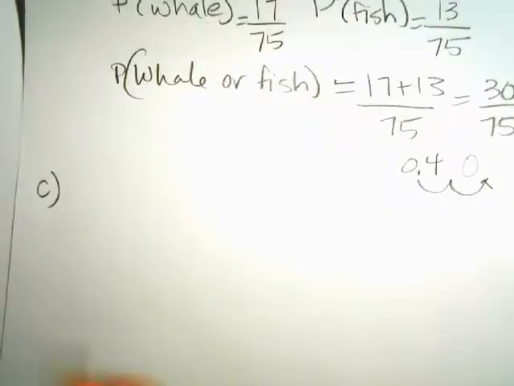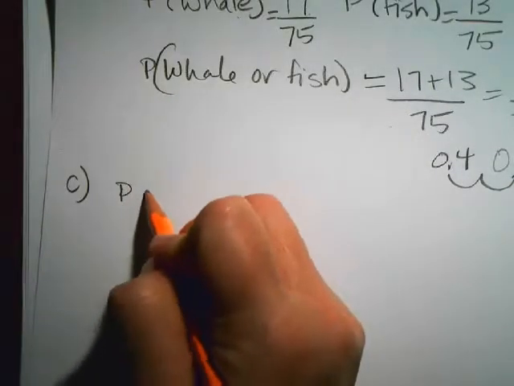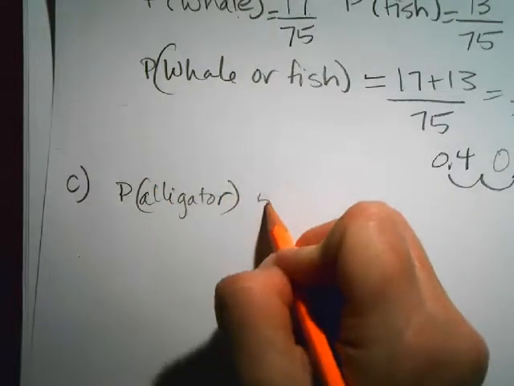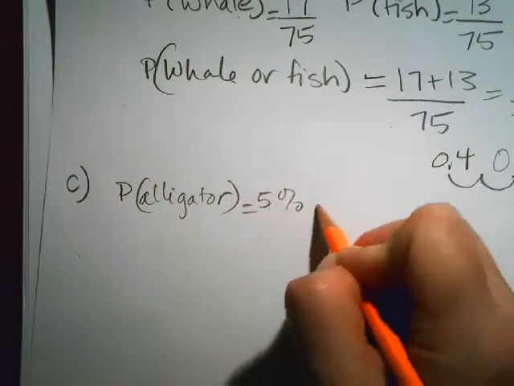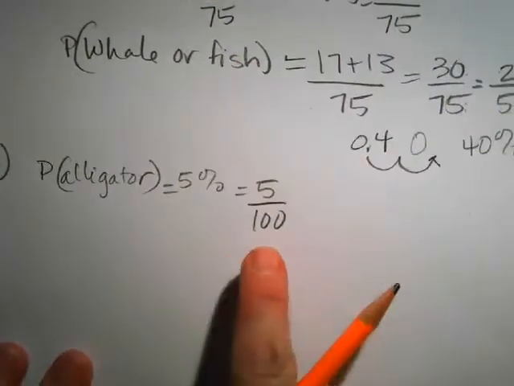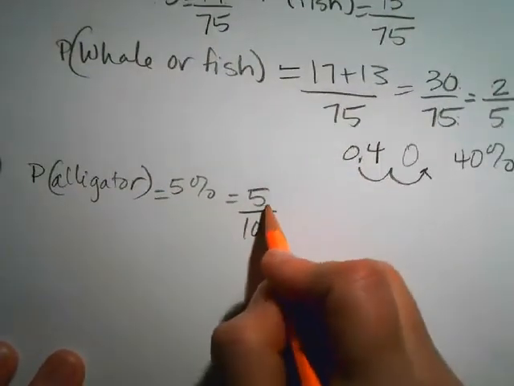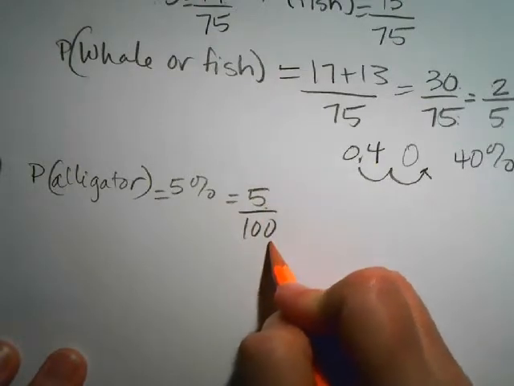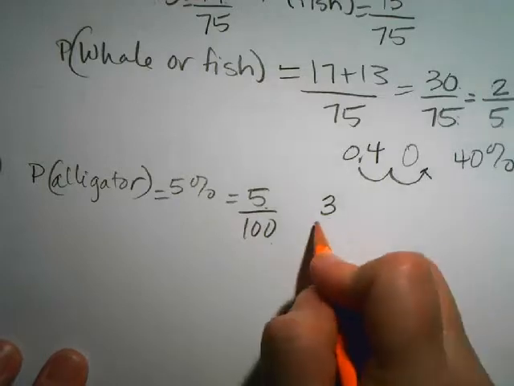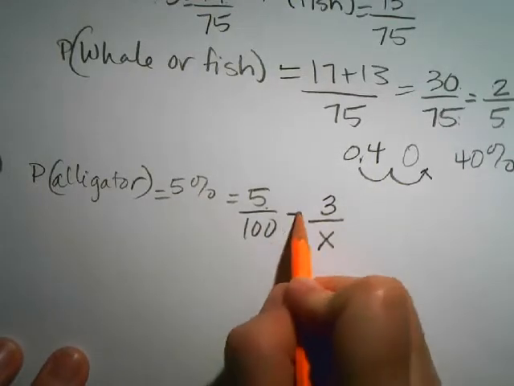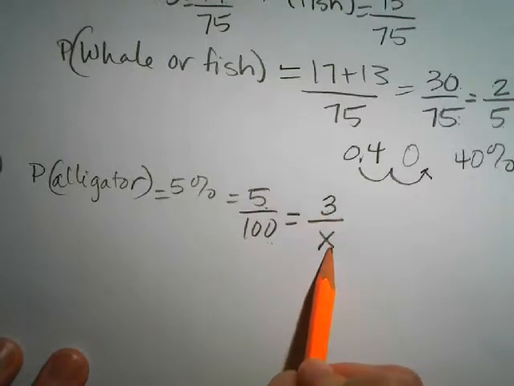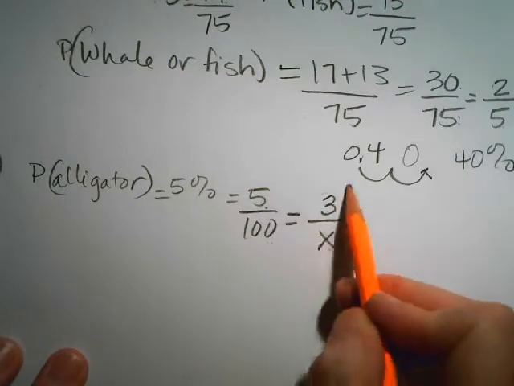So I want to keep that probability at 5 over 100, but there's not 5 alligators out of 100 animals, there's 3 alligators. So I'm going to figure out what that total is. I'm going to say to myself 5 out of 100 is the same as 3 out of something, and then just cross multiply.